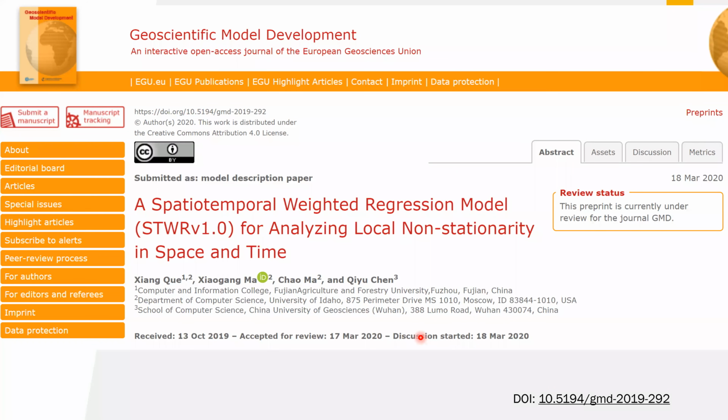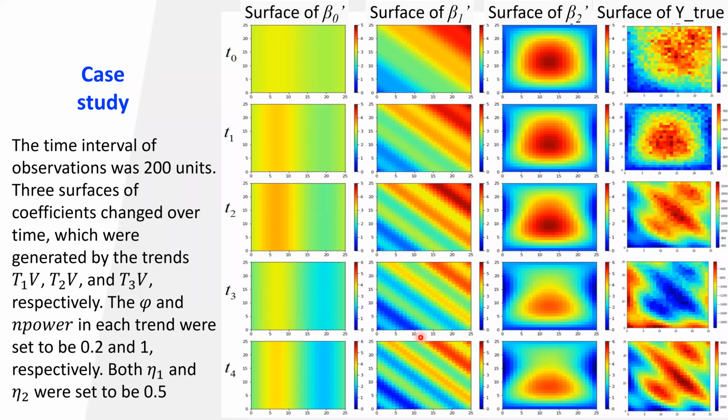Next, let's see one case study. This case study uses simulated data. There are five time stages, T0 to T4, and T4 is the latest time stage. There are two independent variables, x1 and x2.